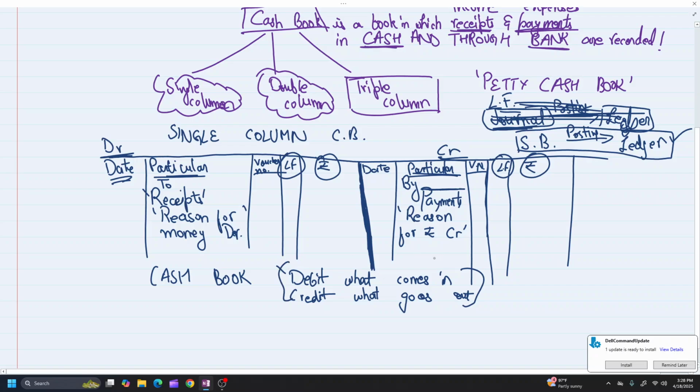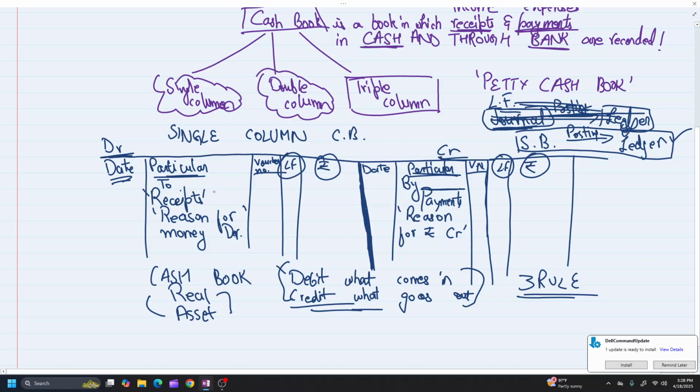If you are not able to understand, a quick recap: we have three golden rules, or the traditional rules. And cash book is a real account, it's an asset to us. So for the asset or for the real account, we follow this rule: debit what comes in, credit what goes out.